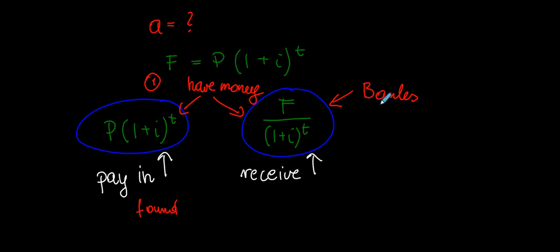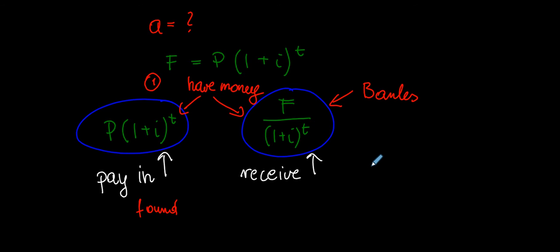Now that's the same situation with the bank. That's why we use that when it comes to mortgages and loans, because the bank has the money, they give us the money, they invested that money into us, and therefore they are receiving. That's why we are using that as the first expression.